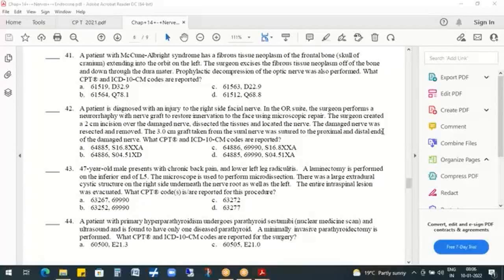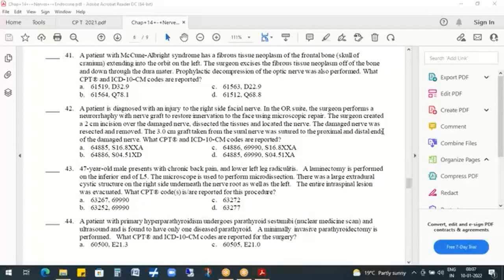First point, what is the name of the nerve here? Facial nerve. What is the procedure performed by the physician on the nerve? Neurorrhaphy with nerve graft. Underline that one.